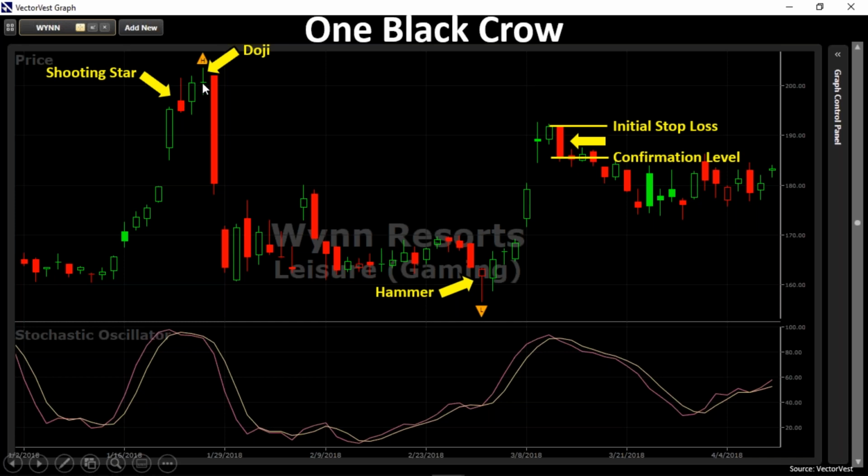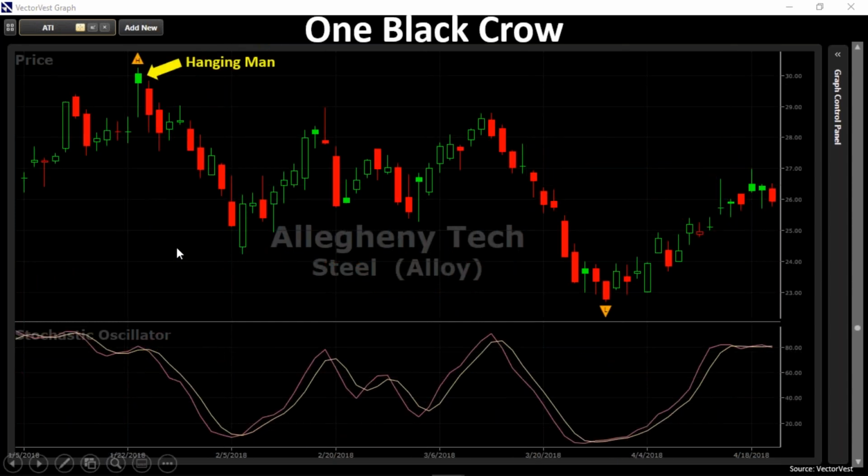Following day, a real battle between buyers and sellers, causing this doji representing indecision. Stochastics still above 80. Something's got to give, you would think. And what happens on that next day? The stock crashes. Sellers win. Bears win. Okay. All right.